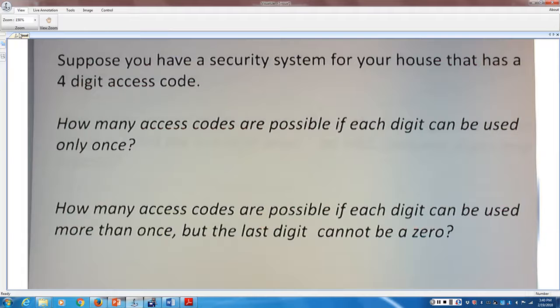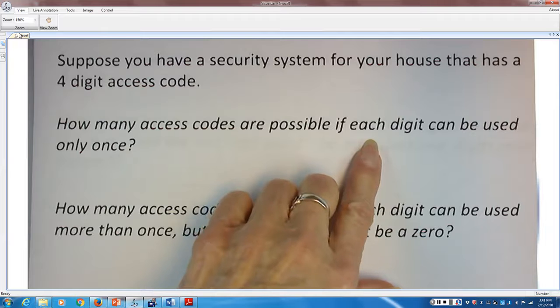What is a digit? 0 to 9. Yeah, it goes 0 to 9. So 0, 1, 2, 3, 4, 5, 6, 7, 8, 9. Single numbers. Okay? And there's a total of 10 digits. 1 through 9, and then the 0 makes the 10th one. So we can use each digit only once.